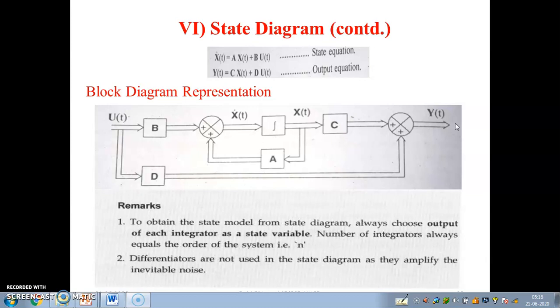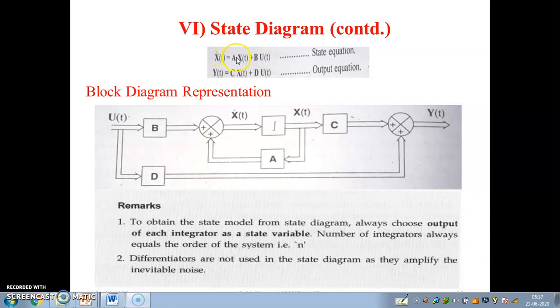Now, let us construct the block diagram for the state equation and output equation. Let us construct the state equation first. x dot of t is equal to A into x of t plus B into u of t. So, this is x dot of t. This x dot of t is comprising of A into x of t plus B into u of t.